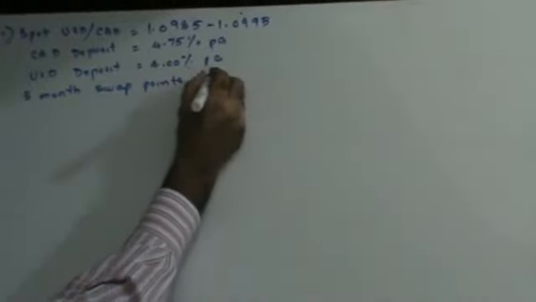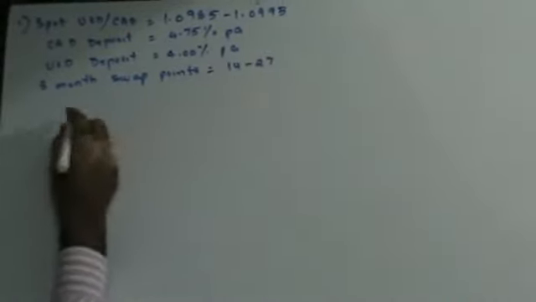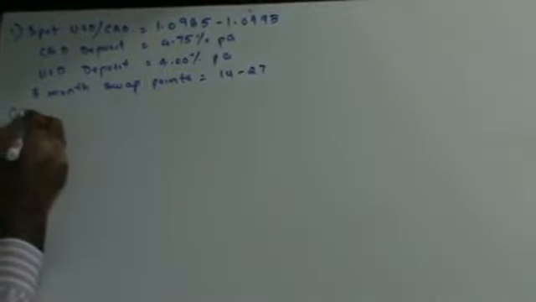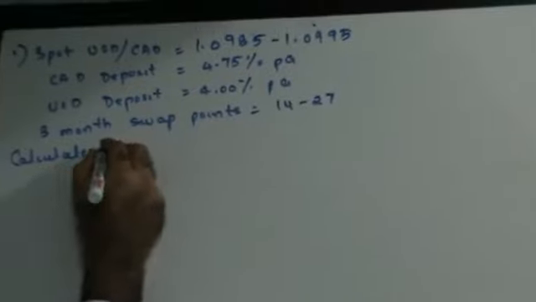US dollar deposit rate is 4.00% per annum. 3 months swap points is 1427. Calculate lending interest rate.